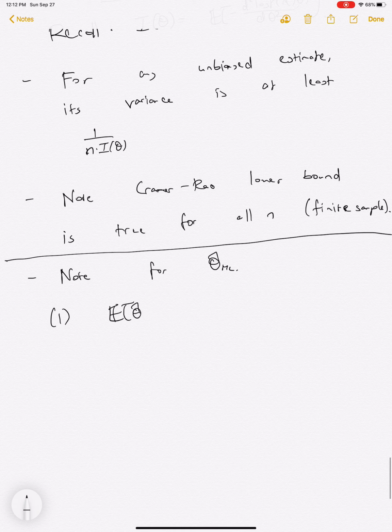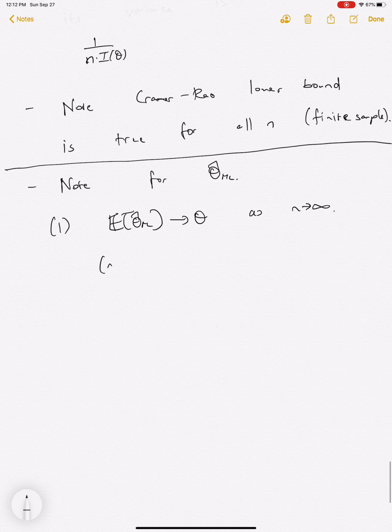So note that for theta hat ML, the expectation of theta hat ML goes to theta as n goes to infinity. So it's asymptotically unbiased. This follows from the law of large numbers.